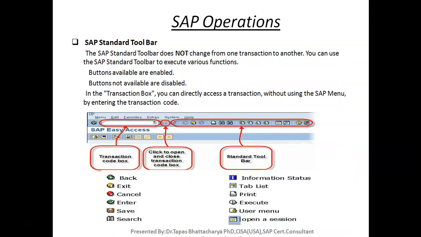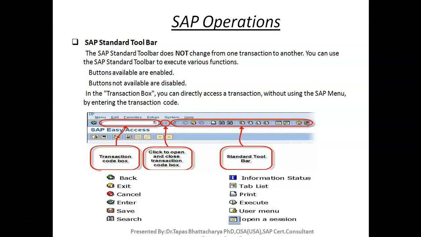And let's look at some icons which are very important regarding SAP operations. Whenever you call the SAP transactions, at the top portion of the screen a bar appears. That's called the standard toolbar. This slide talks about all the icons, their purpose, and how to operate them.